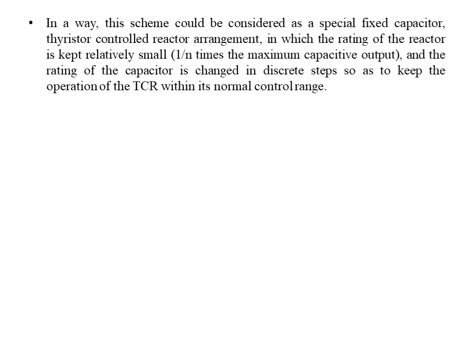In a way, this scheme should be considered as a special fixed capacitor thyristor controlled reactor arrangement in which the rating of the reactor is kept relatively small, that is 1 by n times the maximum capacity output, and the rating of the capacitor is changed in discrete steps so as to keep the operation of the TCR within the normal range.